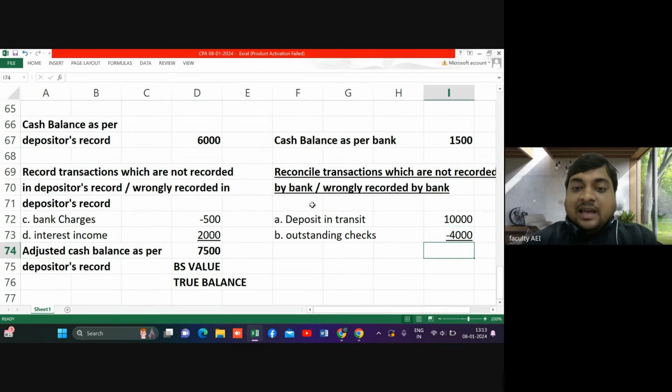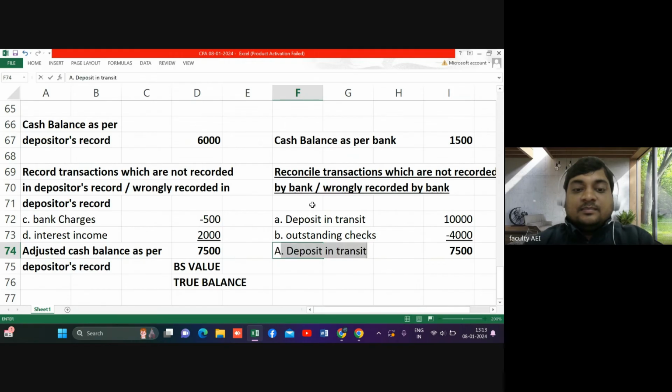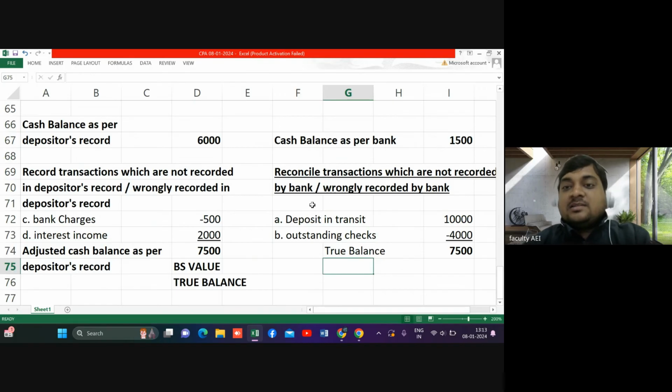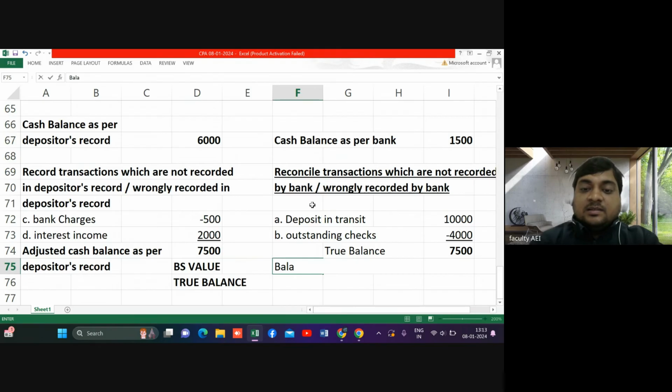So as a result, I can arrive at this true balance. This is true balance. That is balance as per depositor's record.